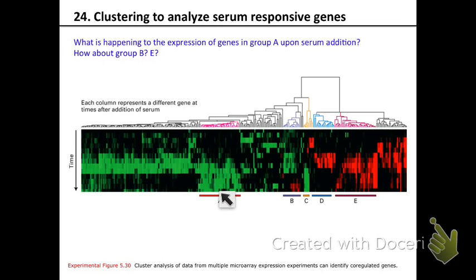So if a gene goes up, it's going to have more red color, right? That's what we decided at the beginning. And then if a gene expression goes down upon serum addition, we said it's going to be more green. So what do you think is happening to this group of genes' expression upon serum addition? They go down, right? So they're down-regulated. What about group B?